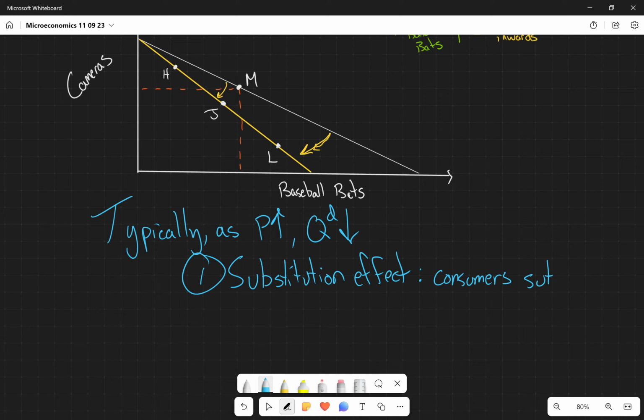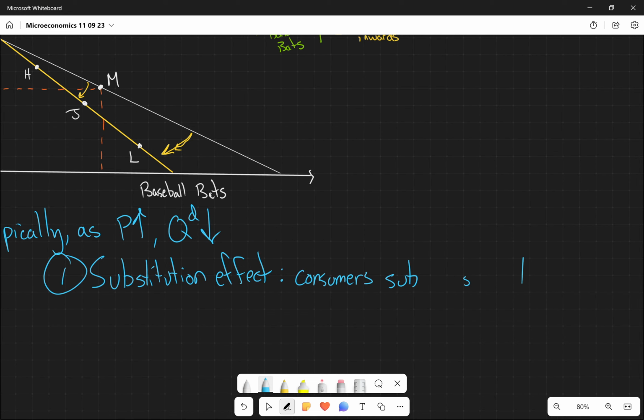So they substitute, so consumers substitute, replacing, let's just be clear in our language here, replacing the more expensive good with the good that hasn't changed its price.